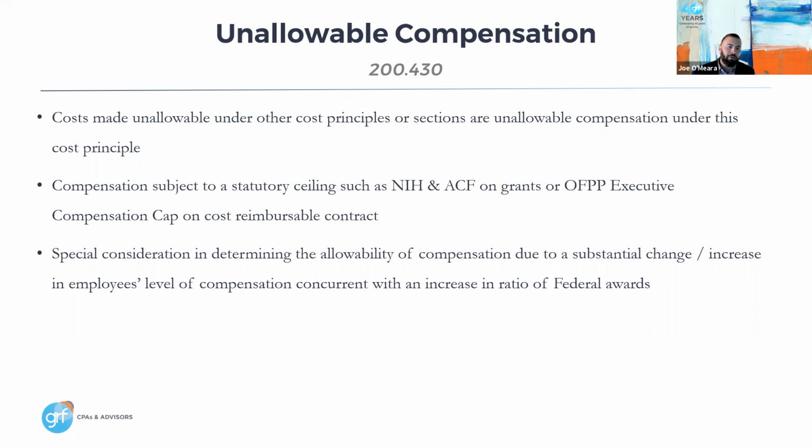We also note here there are certain federal agencies, such as NIH and others, that will actually have statutory ceilings, sometimes called salary caps, on the amount that you can charge the federal government for such employees. And so it's good to be aware of those situations.